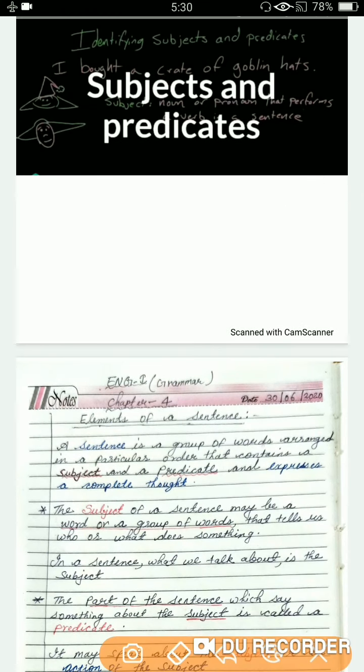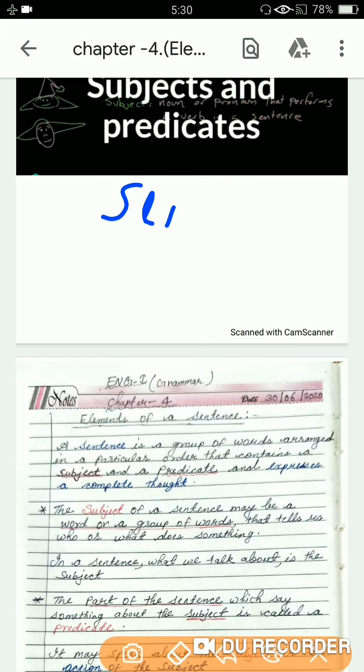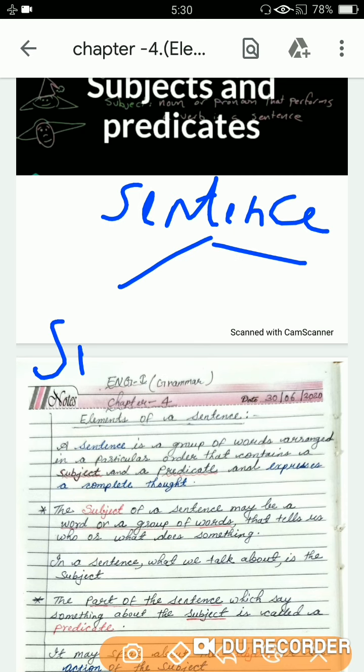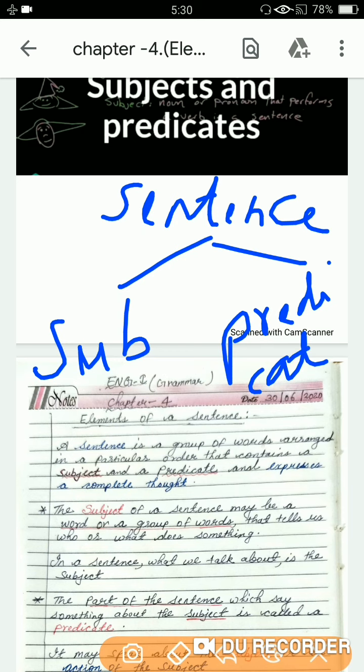So here, in a sentence, it is divided into two parts, that is the subject and predicate. Subject is always that part which we are talking about, and we will get the subject by giving the answer of who or what.